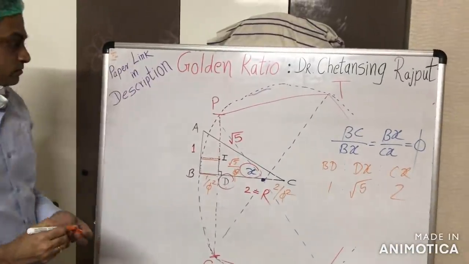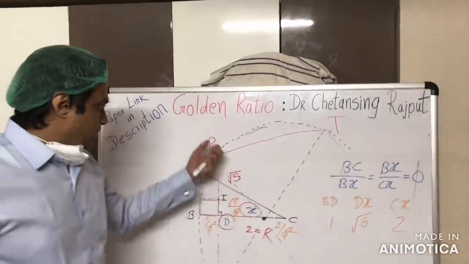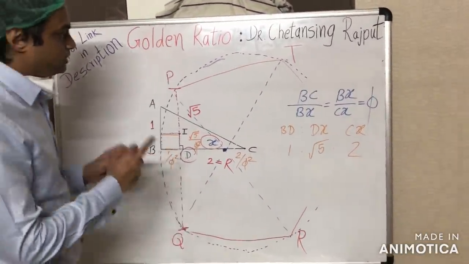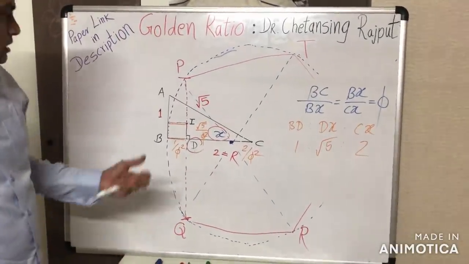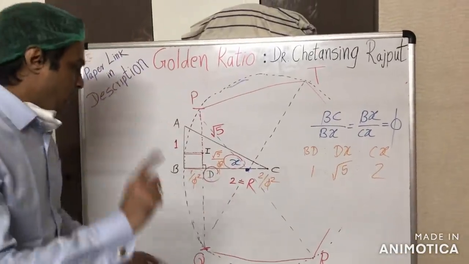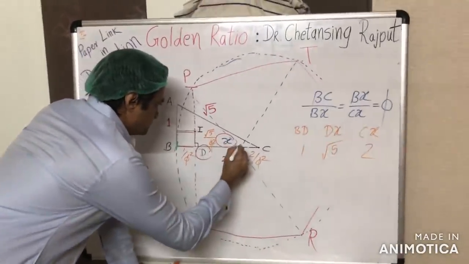In other words, the diagonals of the regular pentagon and the side of the regular pentagon intercept the circumradius at two such points which cut the circumradius in the proportion 1 to root 5 to 2. Another important thing. Consider this length BX.